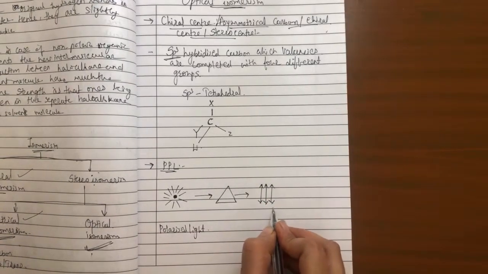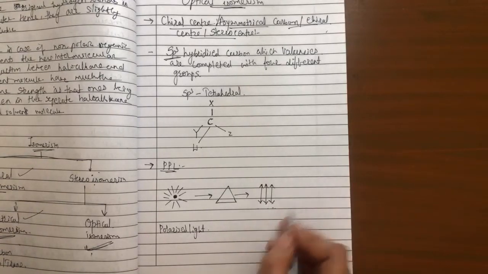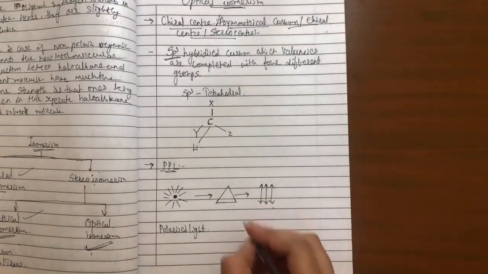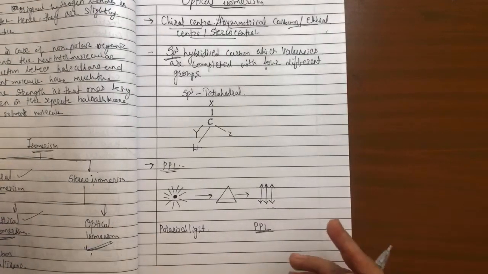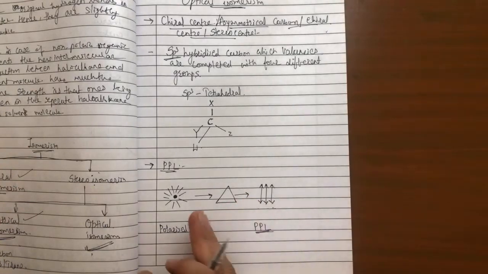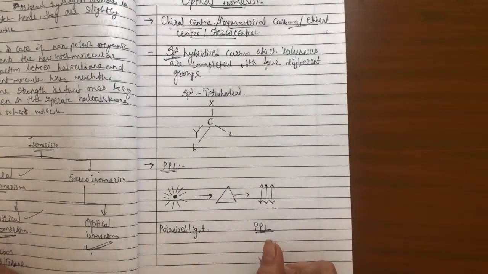The vibrations of these rays are in a single direction. So this type of light is known as plane polarized light, which has vibrations only in a single direction. These vibrations are not moving in all the directions as in the case of polarized light.